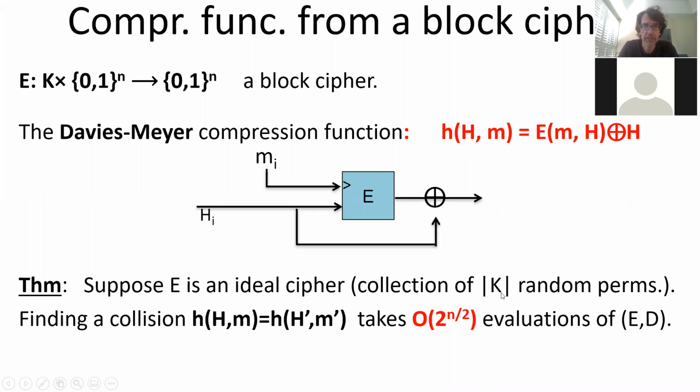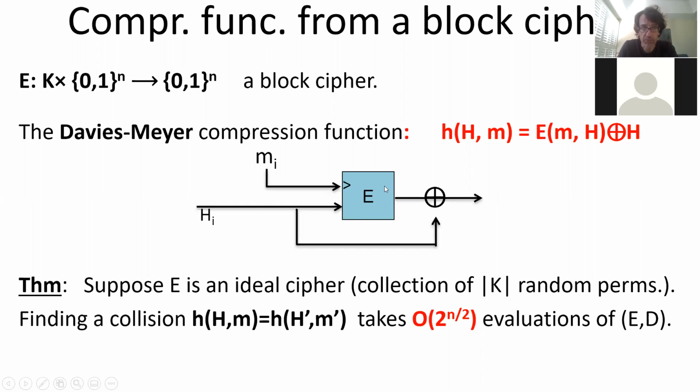So for every key, E instantiated with this key is indistinguishable from a random permutation, if you only have input-output access to it. You send some input to this box, there comes an output, and you can run the box again, but you cannot tell the outputs from random numbers. It's as if the box implemented a random permutation.